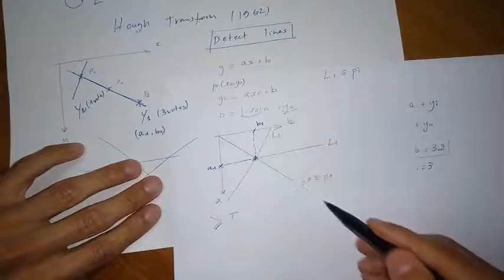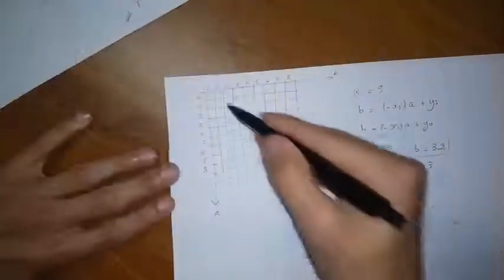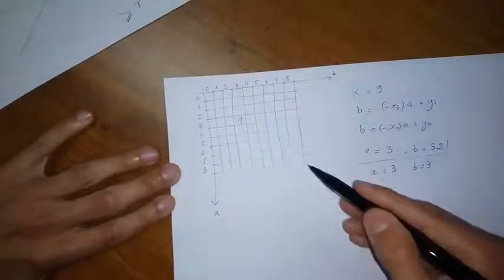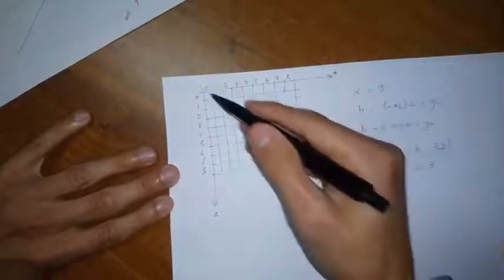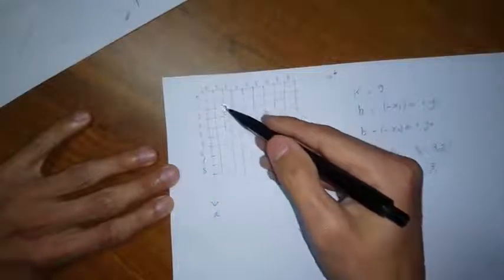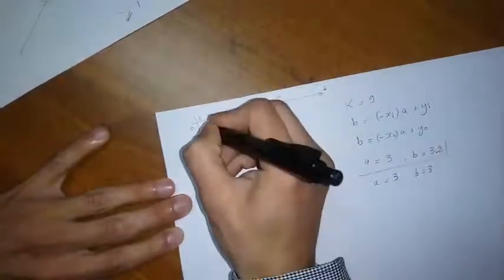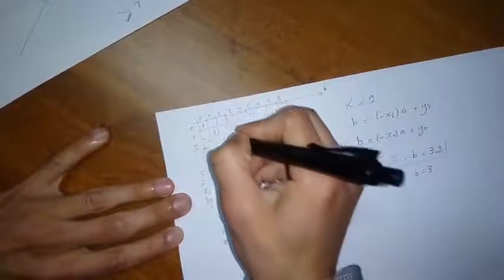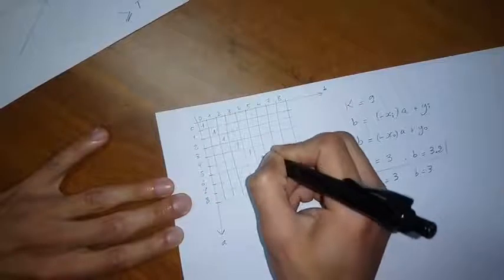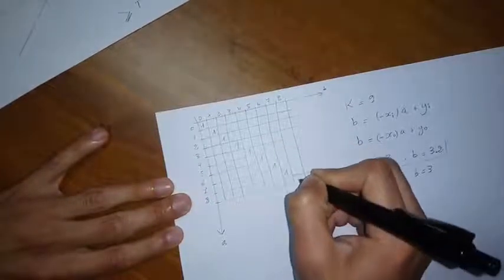This line can be represented by a set of increments in this diagonal direction, so I increment the cells in this direction. For the point P0, this is what I get for my discretized AB space.